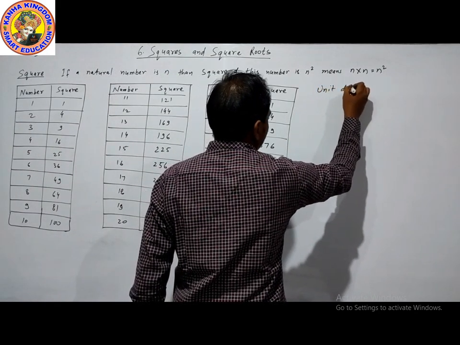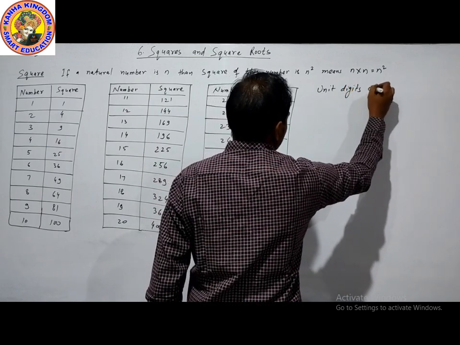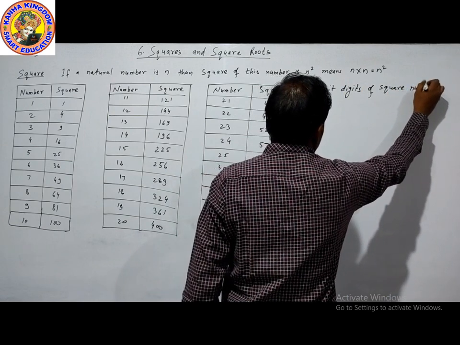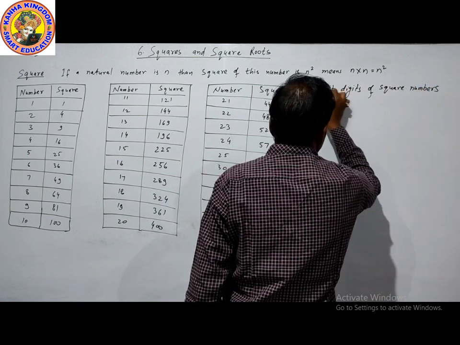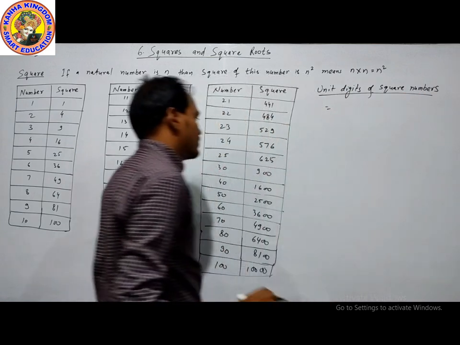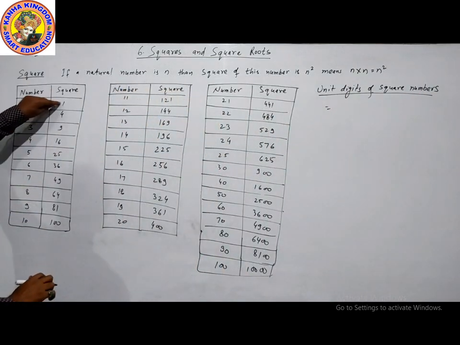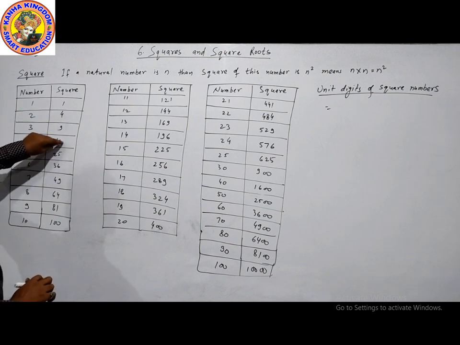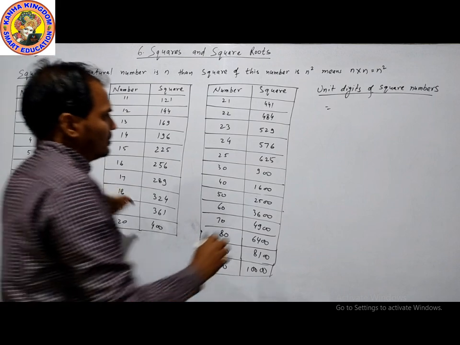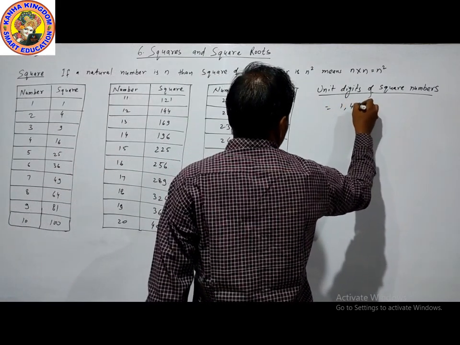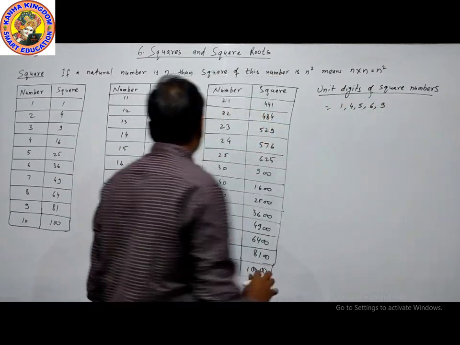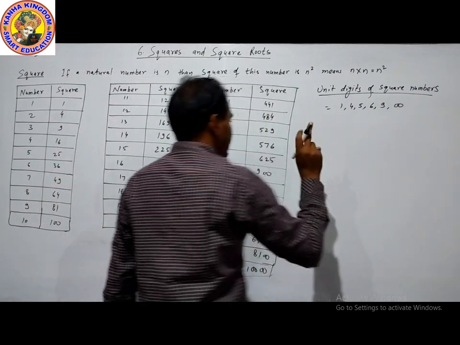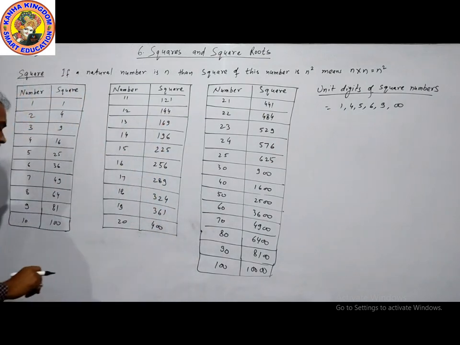The unit digit of square numbers is 1, 4, 5, 6 or 9, and 00. Not a single zero. I write down 00.